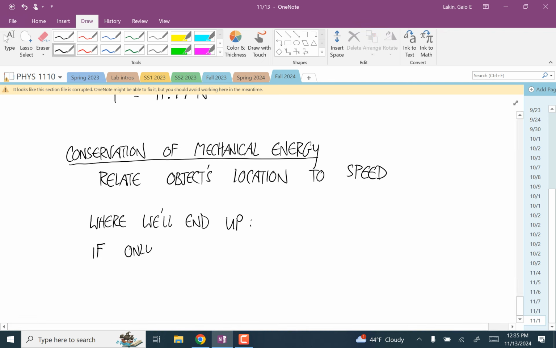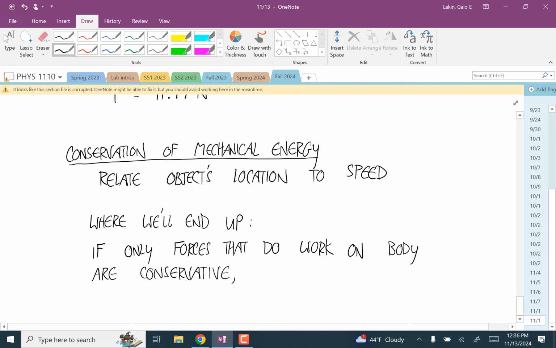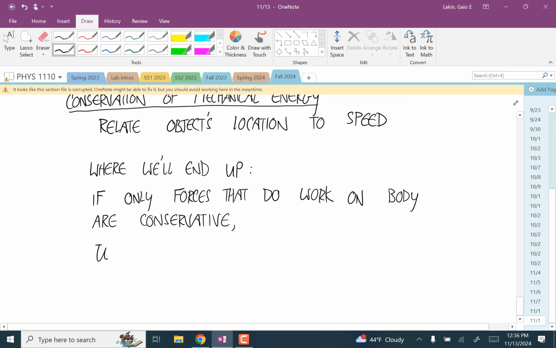If the only forces that do work on a body are conservative, then capital U plus capital T is a constant, where capital U is the potential energy, and capital T is the kinetic energy.